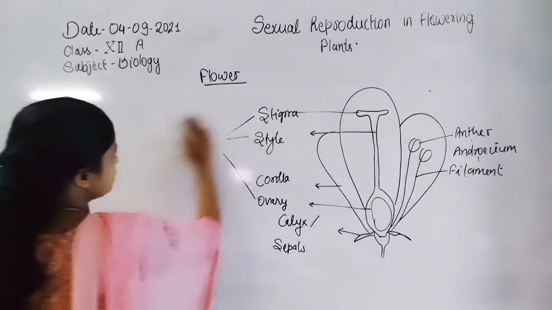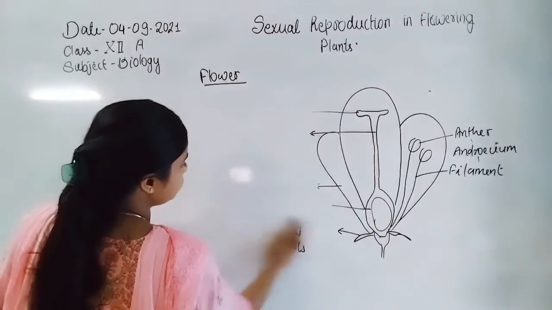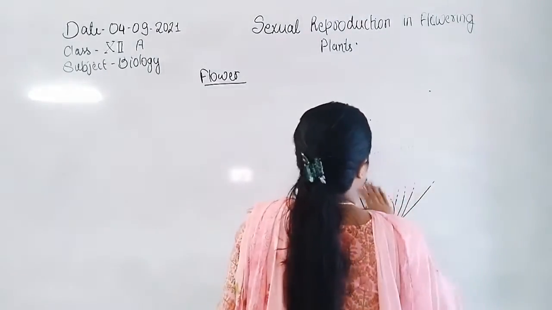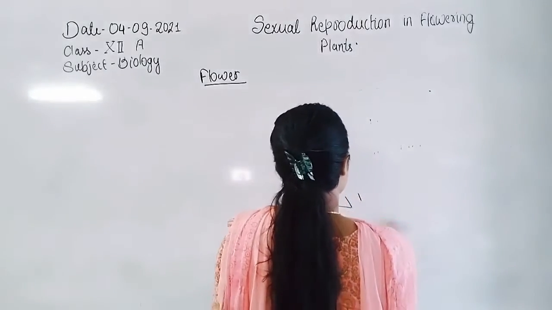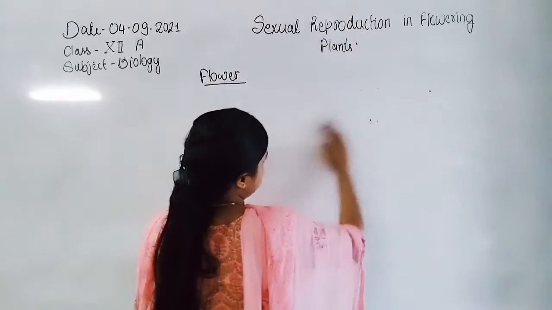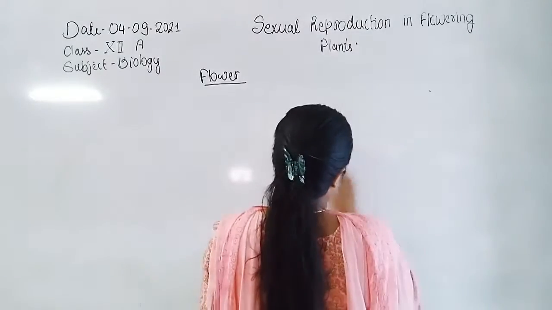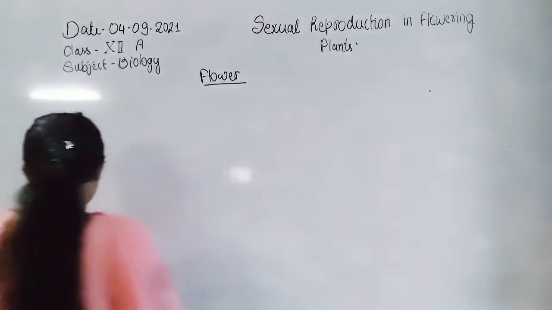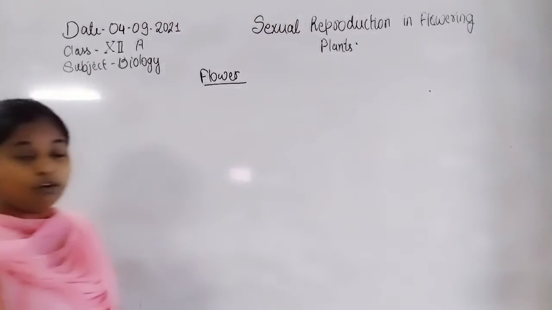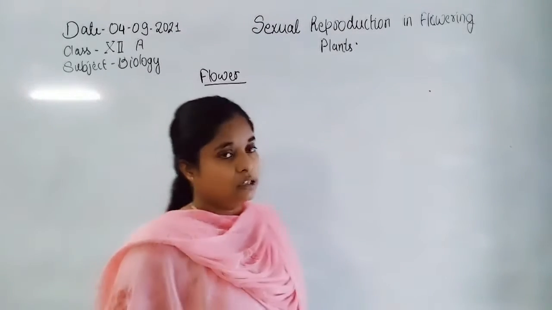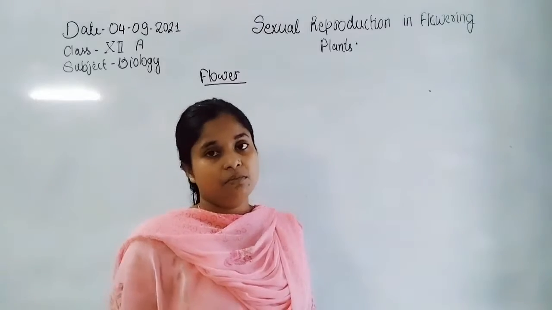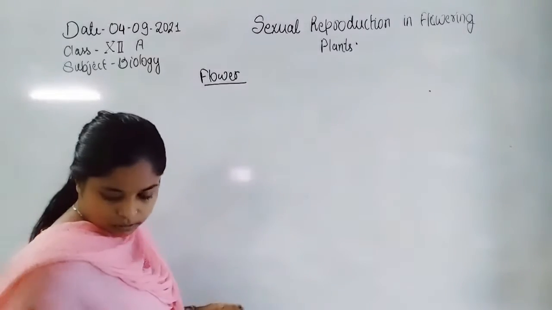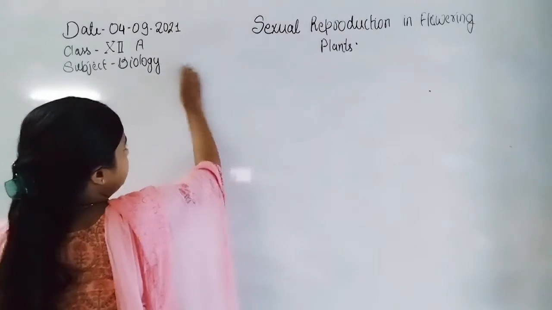Now let us discuss the male reproductive organ, because the main questions arise from the male reproductive organ, the pollen grain, the microsporangium, and the different characteristics of the male.